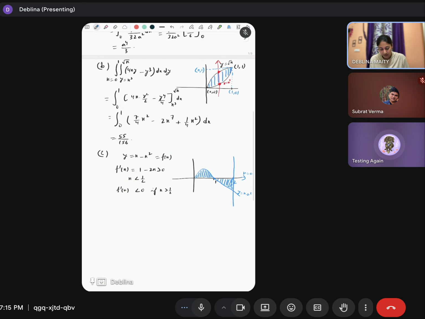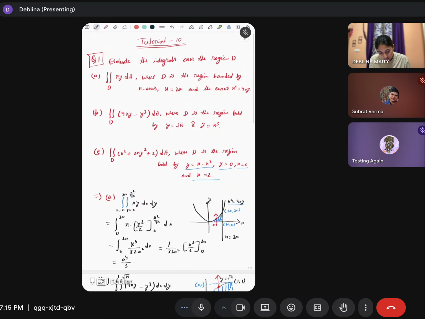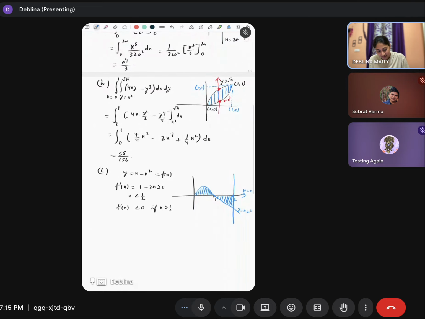Okay. So what about y equals to 0? Y equals to 0 means the x axis, right?